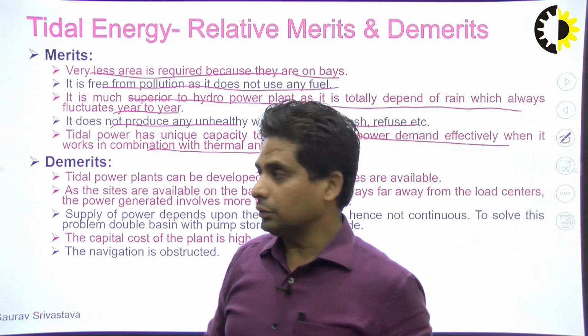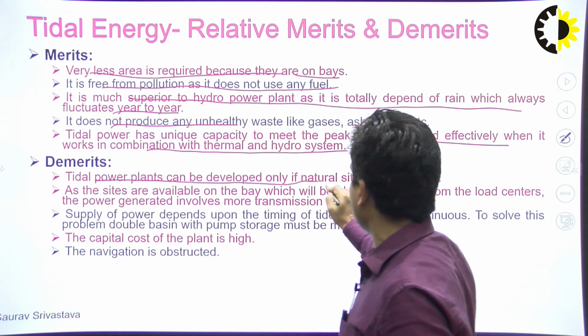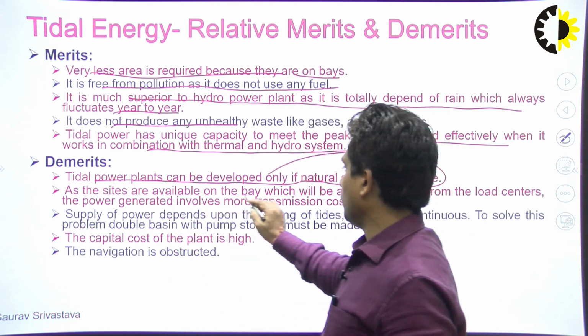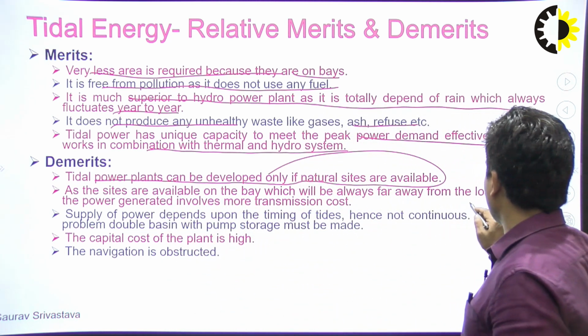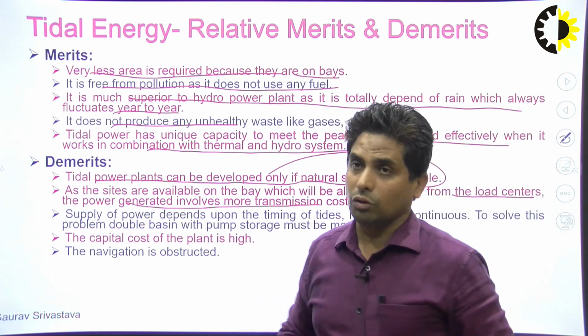Now the demerits, or limitations. Tidal power plants can be developed only if natural sites are available. As the sites are on a bay, which is always far away from the load center, power generation involves more transmission cost.